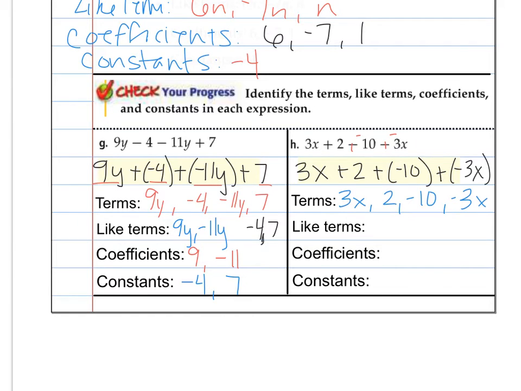Your like terms would be 3x and -3x, and then 2 and -10. Coefficients, numbers in front of the variables, 3 and -3. Constants, numbers without variables, 2 and -10.